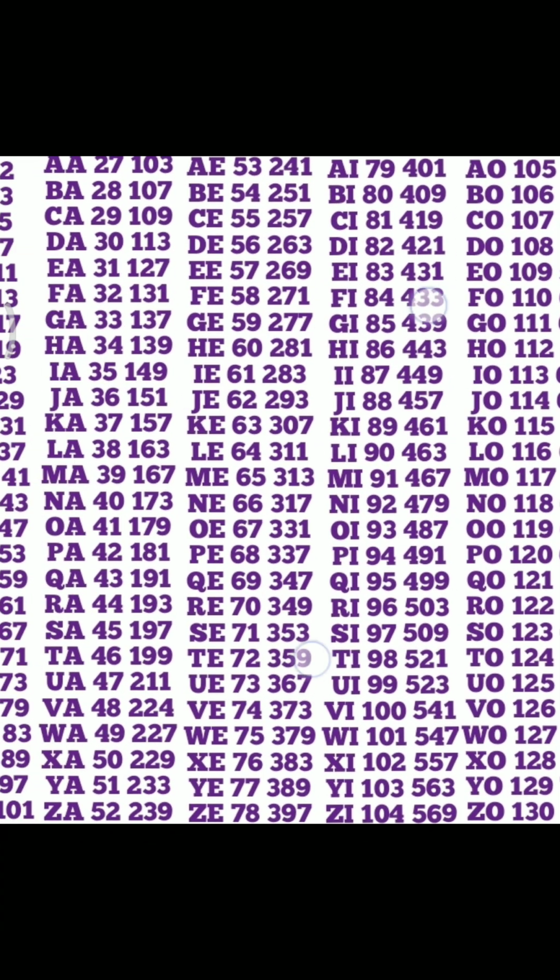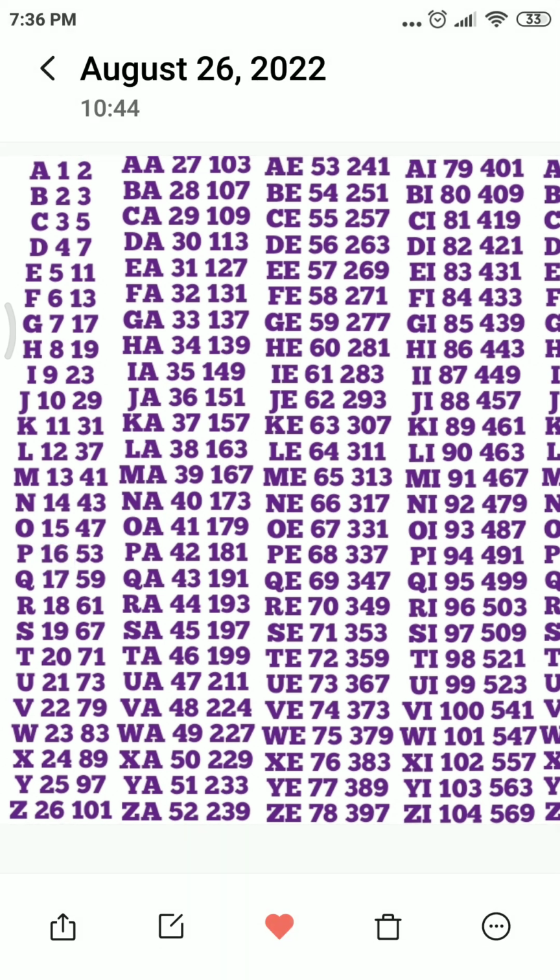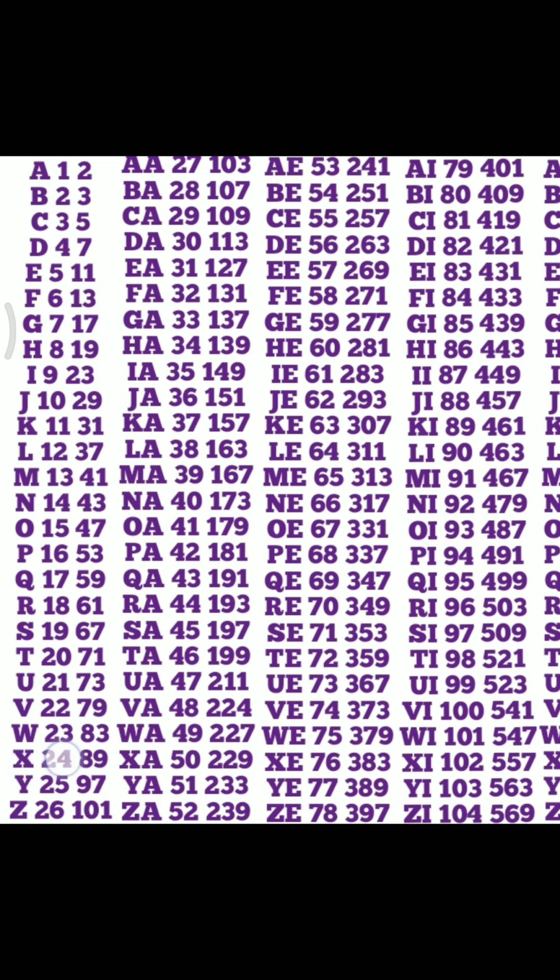Now we'll come to the Gnostic trinity. The most important numbers the Gnostics worship are P as in rho, 16, and X, 24. The Gnostic trinity will have P as the father, N as the son, and L as the mother.